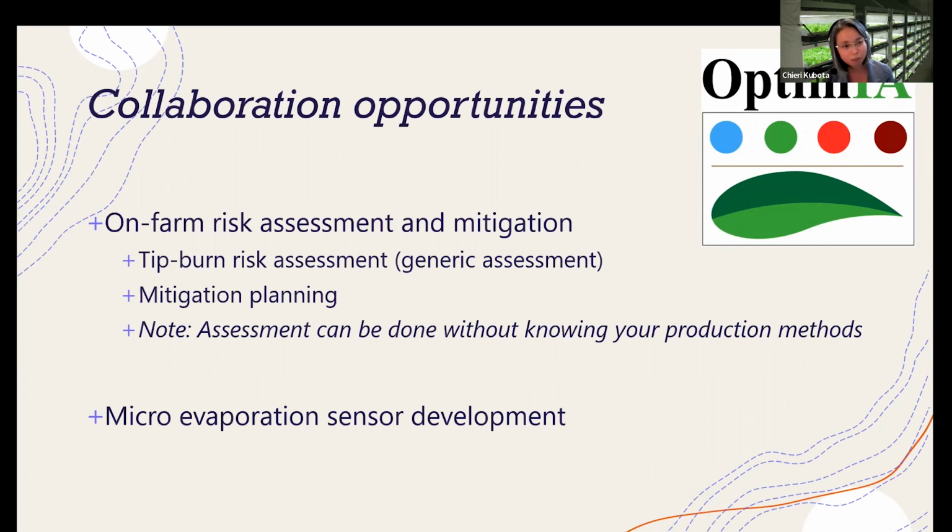So that's one step we can do. And the great thing of this direct measurement of evaporation is that I don't need to know your conditions. I can just send you the tool, and you can just tell me the number, and then I can tell if it is high or low.